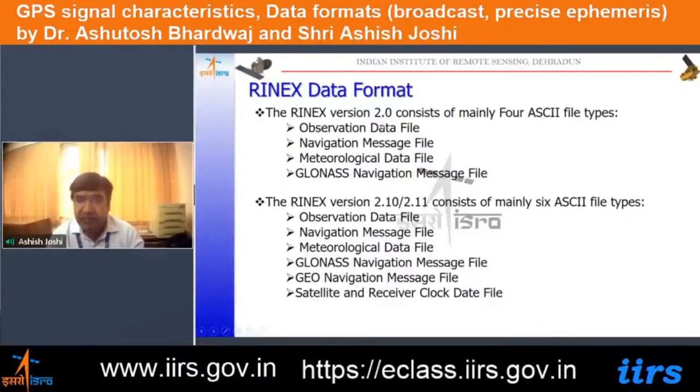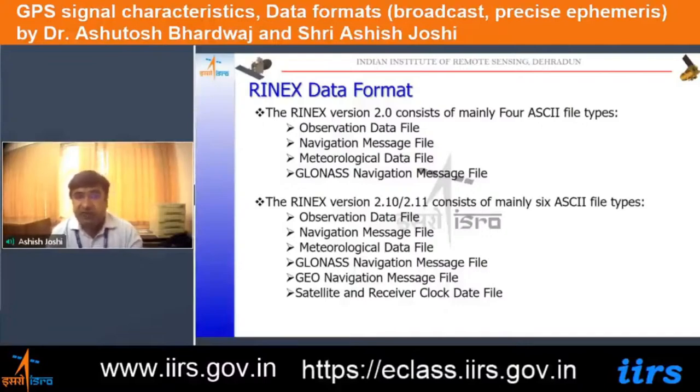After that, some updates occurred. Then RINEX versions 2.10 and 2.11 consist of 6 ASCII files: the observation data file, navigation message file, meteorological data file, GLONASS navigation message file, GEO navigation message file, and satellite and receiver clock data file.